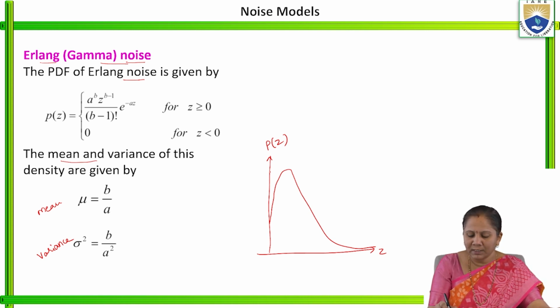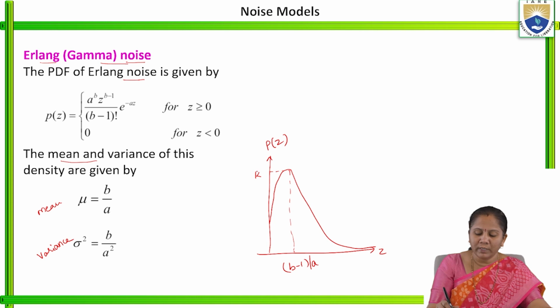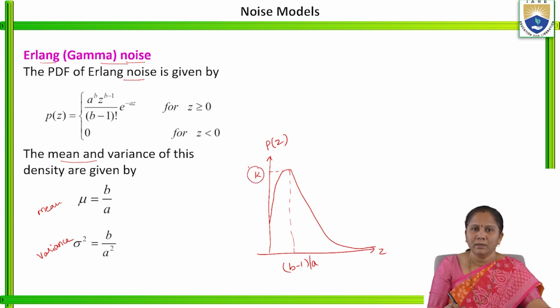Here this is the maximum point. The amplitude here is represented as K, at the point B minus 1 by A. So here we can see K.